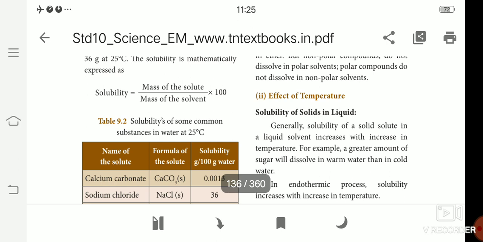Then the solubility of gases in liquid: it decreases with increasing temperature, for example when water is heated.